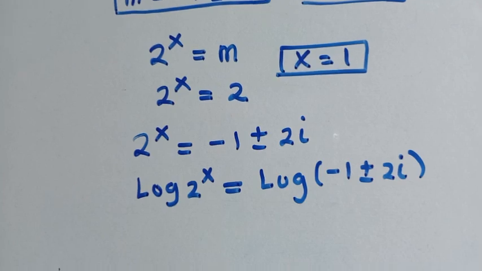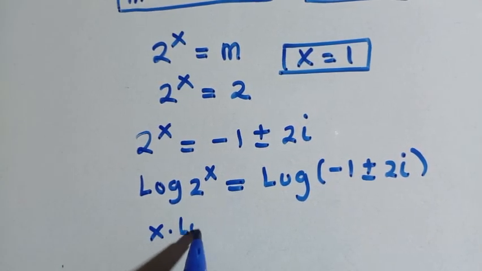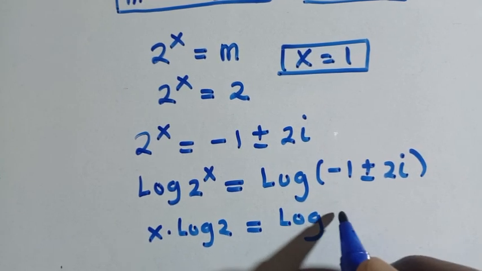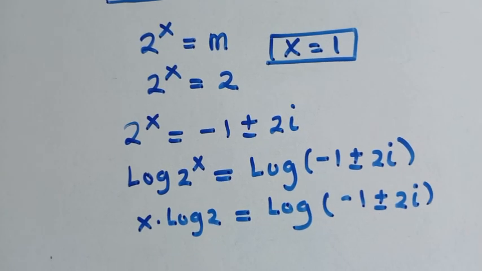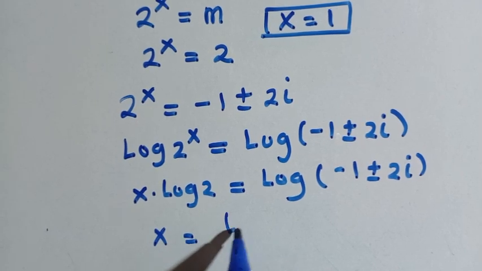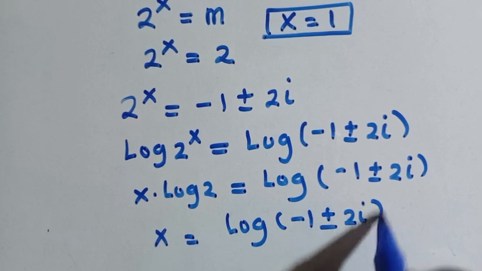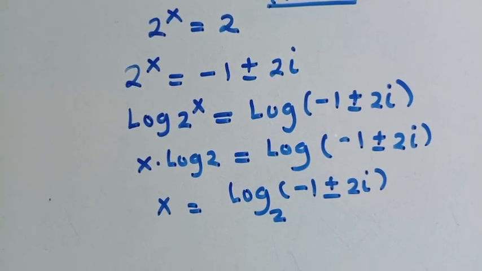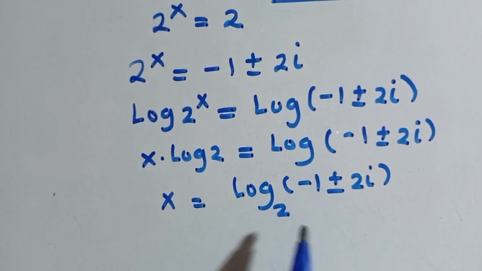By the rule of logarithm, this x comes here, we have x multiplied by log 2 equals log of minus 1 plus or minus 2i. And when we divide both sides by log 2, we have x equals log of minus 1 plus or minus 2i in base 2. And here is the result to this problem. We have x equals log of minus 1 plus or minus 2i base 2.